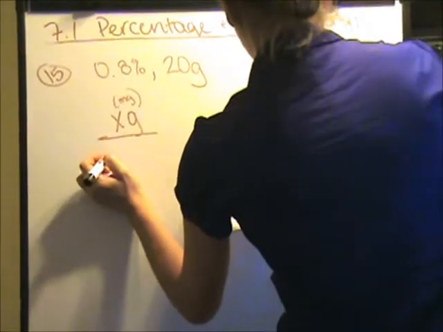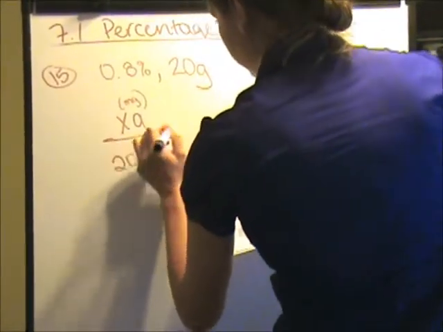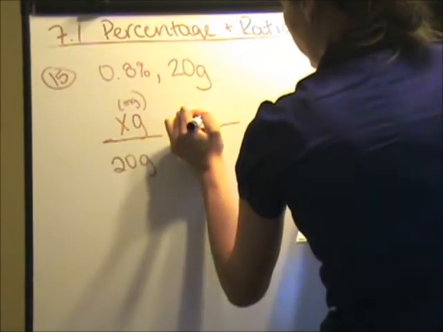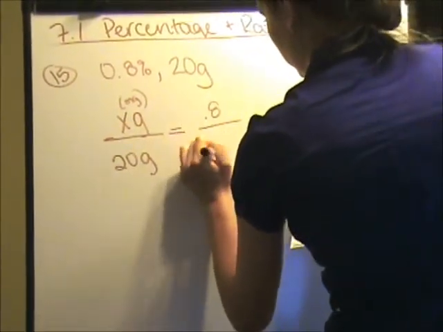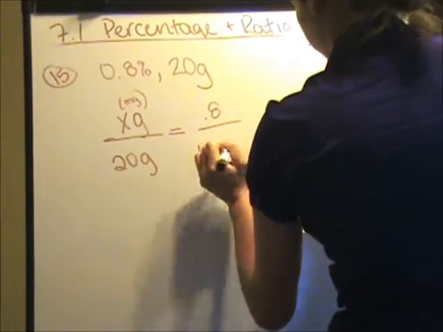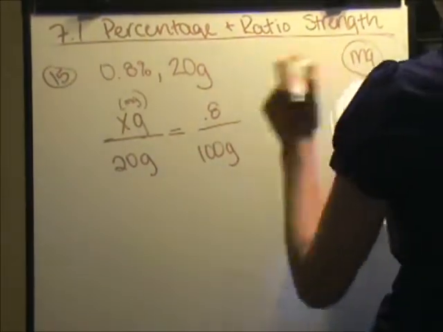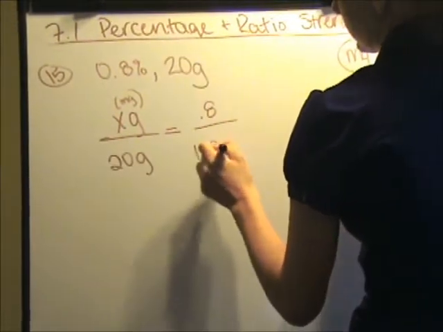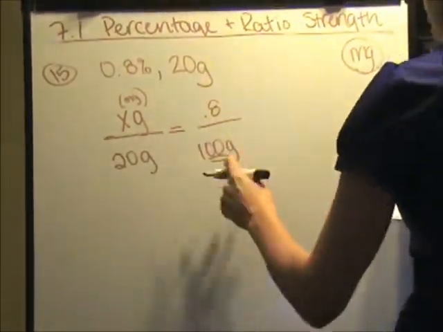If you need a reminder to convert, you can always put that in parentheses just to remind yourself. But the base amount we're working with is 20 grams over 0.8 over 100, because we're looking at 0.8 percent of 100. So this is always going to be 100, whether it's in grams or whether it's in milliliters.